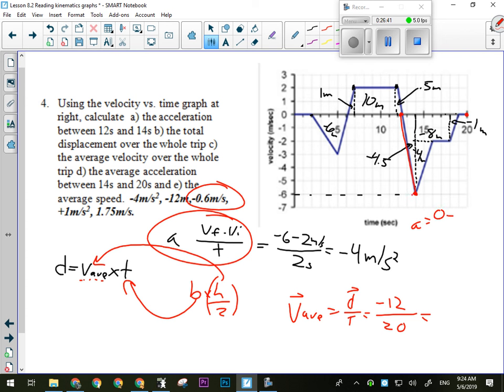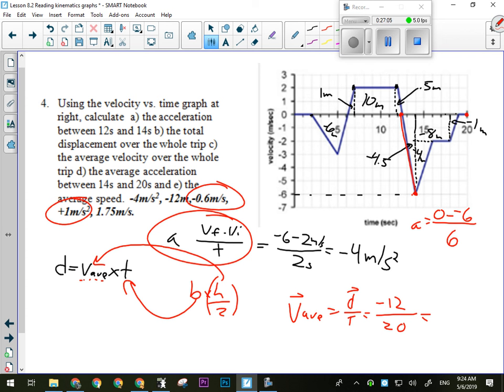My initial velocity is -6, and that takes 6 seconds. So I have 0 minus -6 is 6, divided by 6 is 1 meter per second squared, positive 1 meter per second squared. So this is just a lot of plugging numbers into formulas.